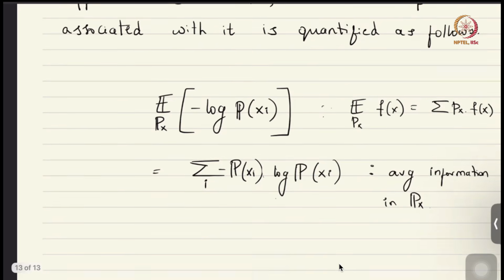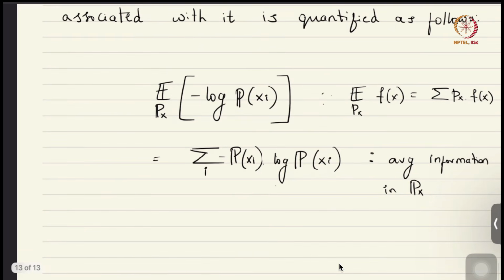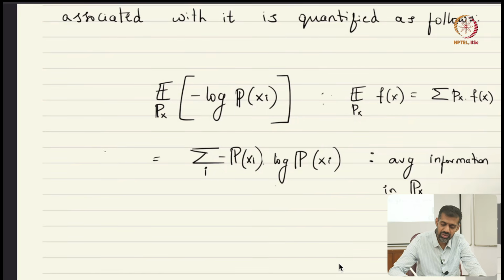Okay. Now this became the average information that is contained in this entire distribution. This has a name. Do you know what this is? This is the entropy associated with distribution px. This is the entropy of px.